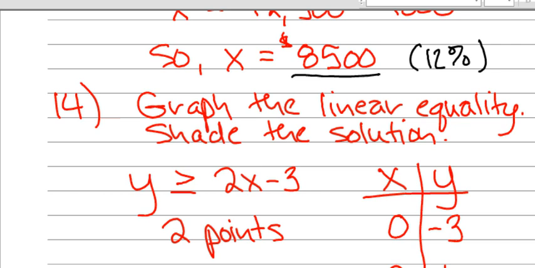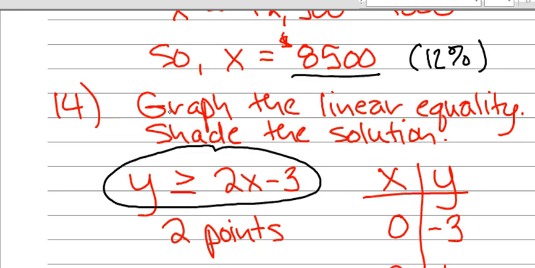I want to graph this linear inequality here, and then I'm going to shade the solution. And in my directions it says I need to graph at least 2 points. So if you want to put this y equals 2x minus 3 in your calculator, and just pick any 2 points.